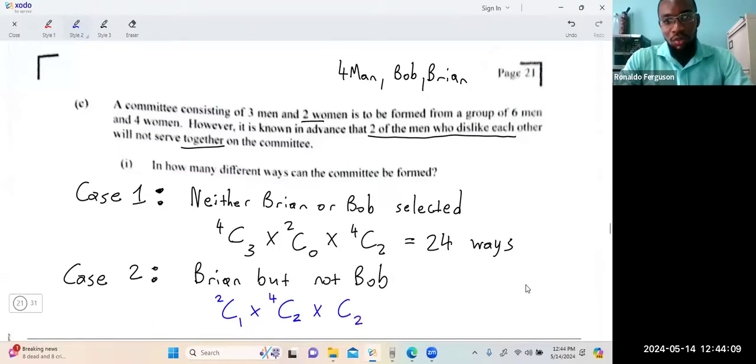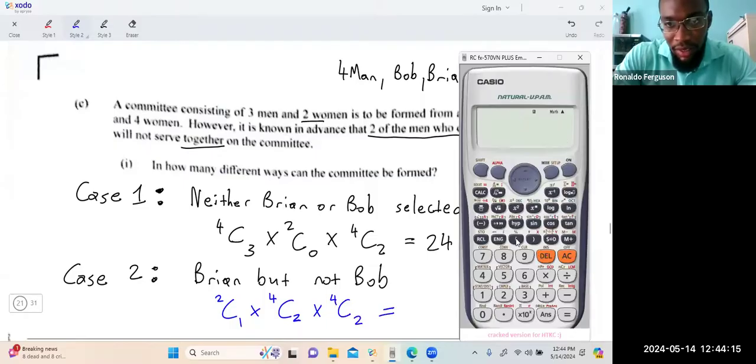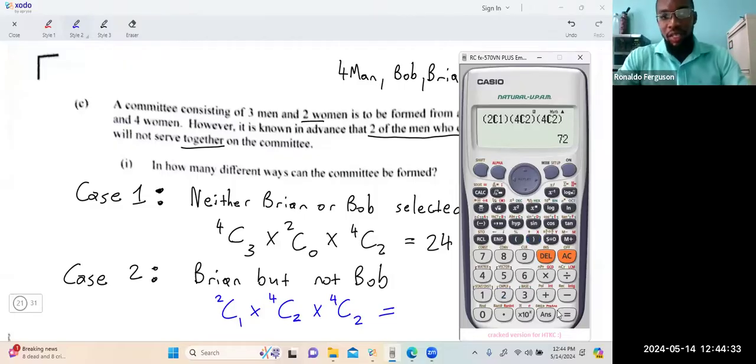Then we choose 2 women from 4. I'm going to put this in the calculator all in one time. So 2 choose 1 times 4 choose 2 times 4 choose 2. 72 ways.